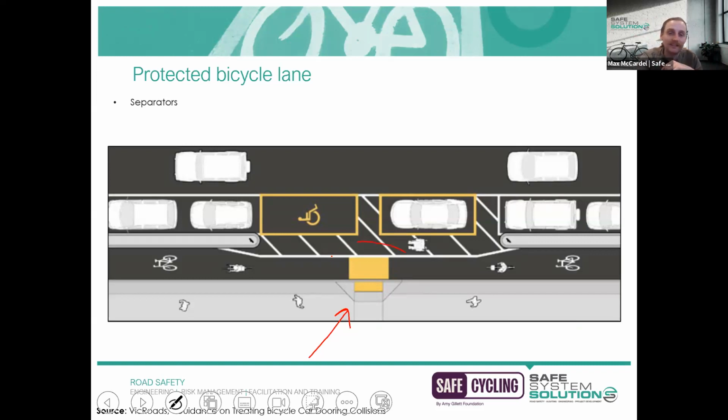So that's, in this example, highlighted using this yellow paint, but different jurisdictions would manage that differently.